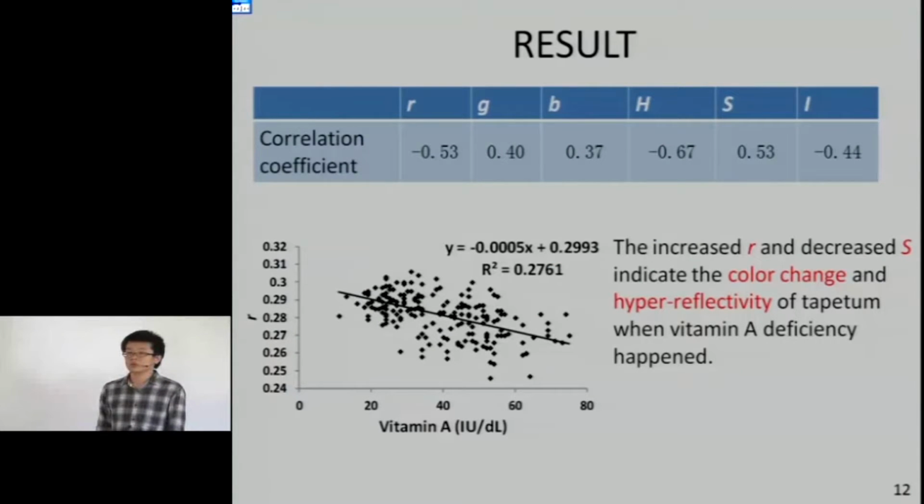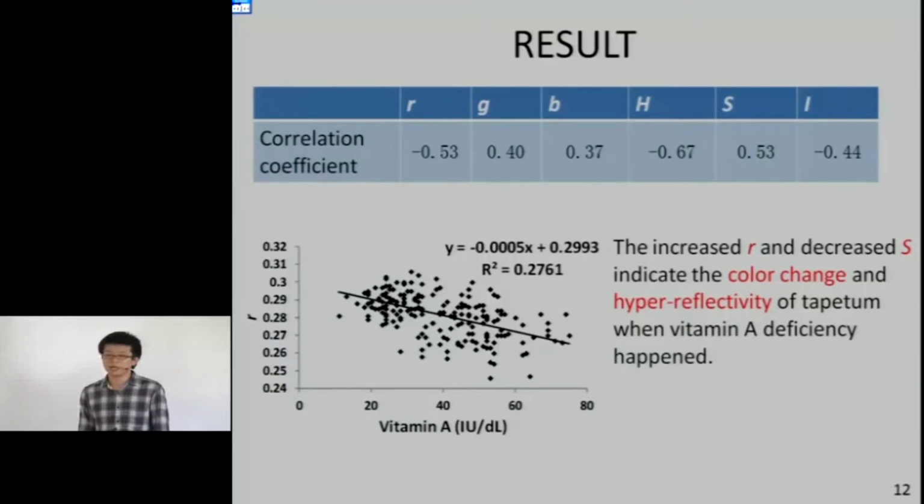The individual correlation coefficient is calculated, and it shows that small r and the Q value have a higher correlation with the vitamin A level. The scatter plot also shows this tendency.